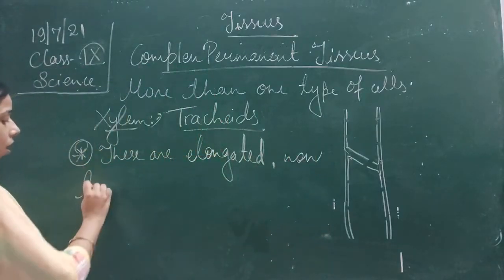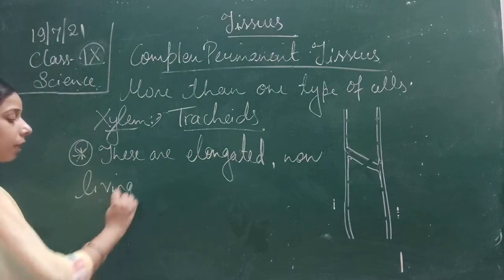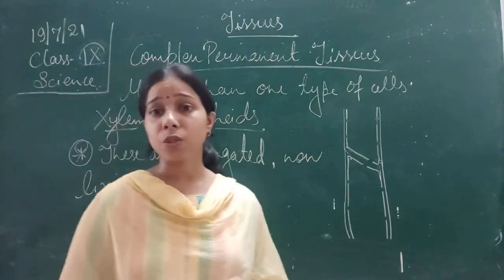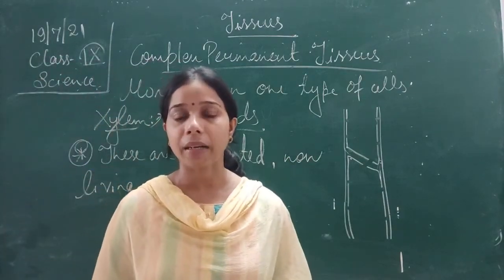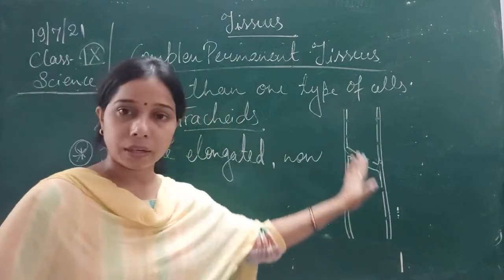Yes, there is no cytoplasm, there is no nucleus you will see in a xylem tracheid. You will see it is an elongated structure.